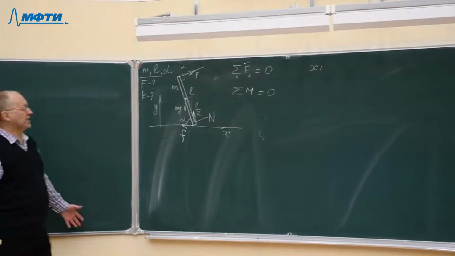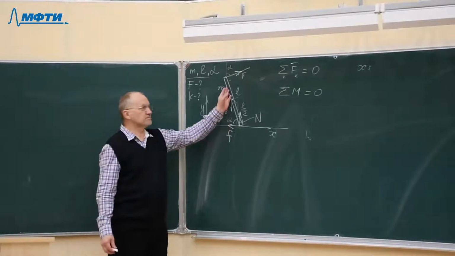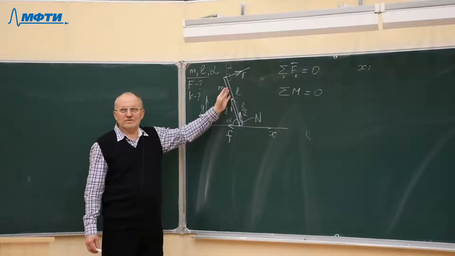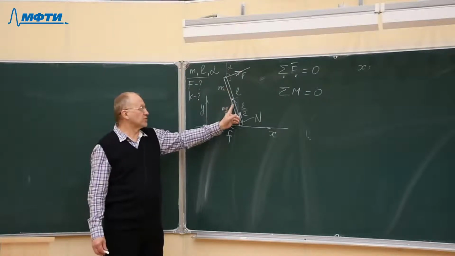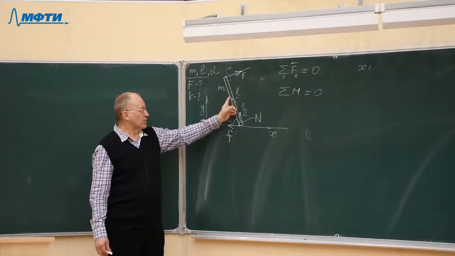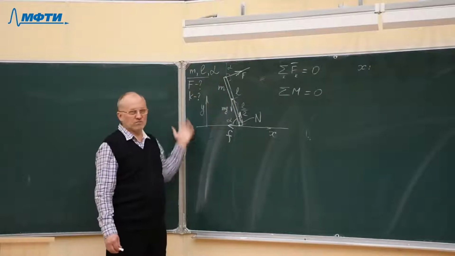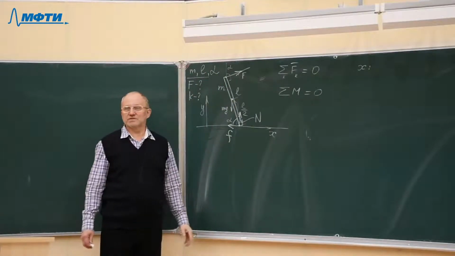Are there any other forces acting on this object? To answer this question, you must consider all the interactions of this object, all the interactions of the rod with the outside objects, with the outside world.